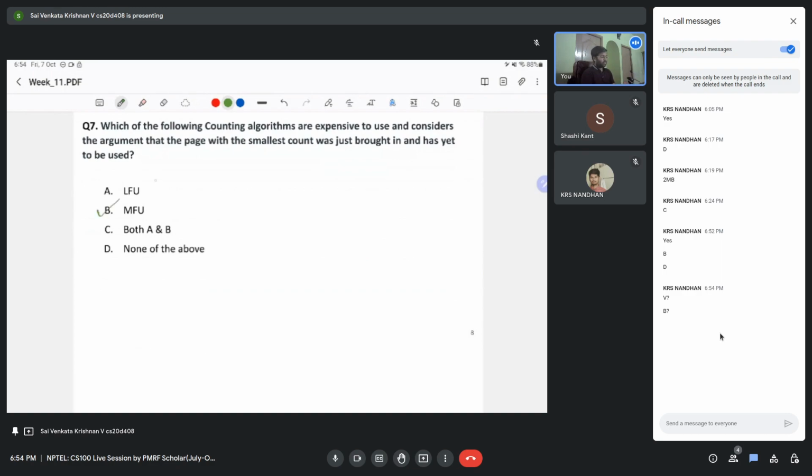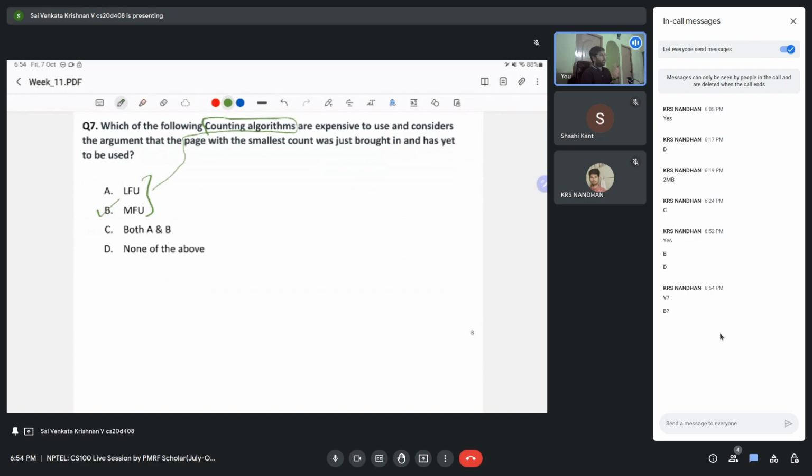The thing is, both LFU and MFU are counting algorithms. They use the count information. In the LFU example which I explained while explaining Belady's anomaly, both LFU as well as MFU utilize the frequency information. Since they use this actual count, a page can be referenced n number of times.